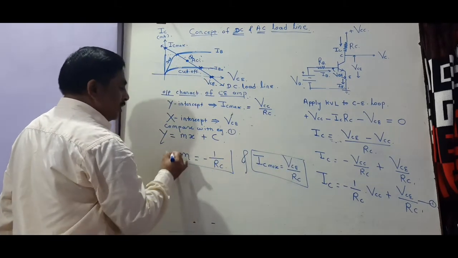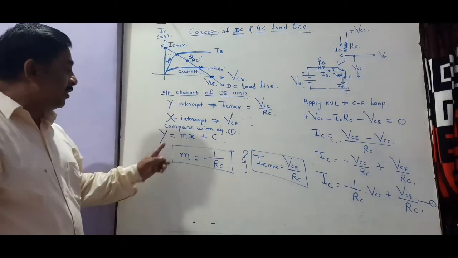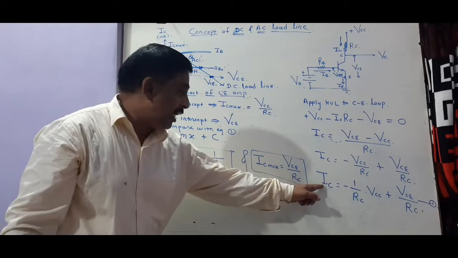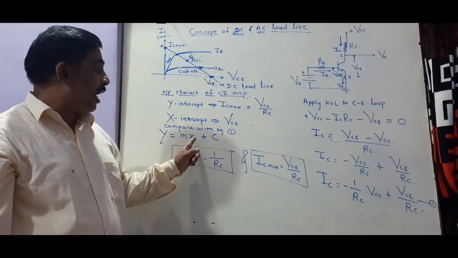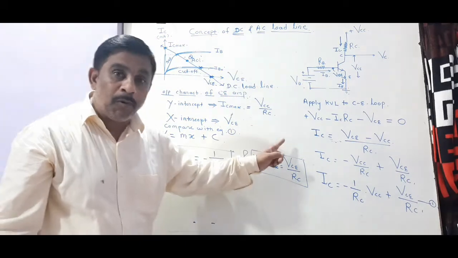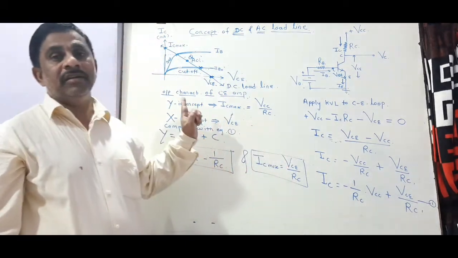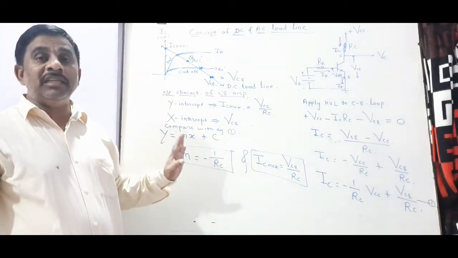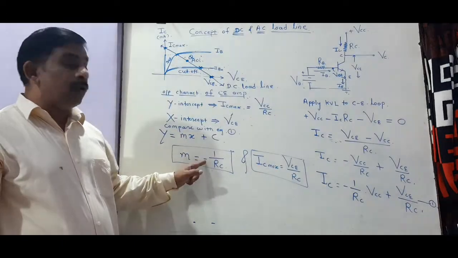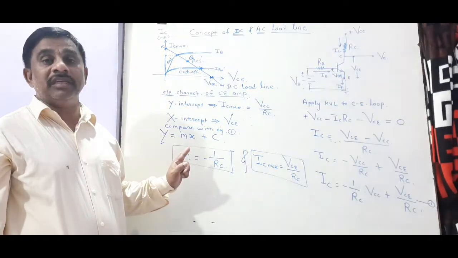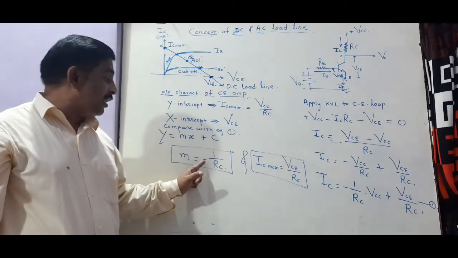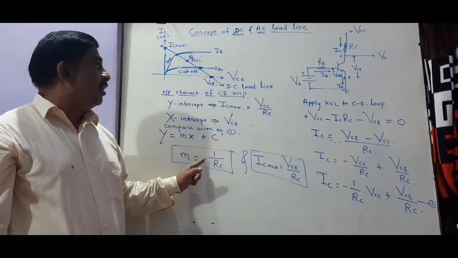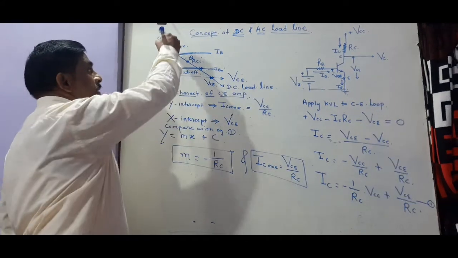So these are the two terms, m the slope and the intercept. This equation is related with y is equal to mx plus c, and therefore this is a straight line. So the DC load line is a straight line having the slope minus 1 upon RC. The negative sign indicates that the slope is downward.